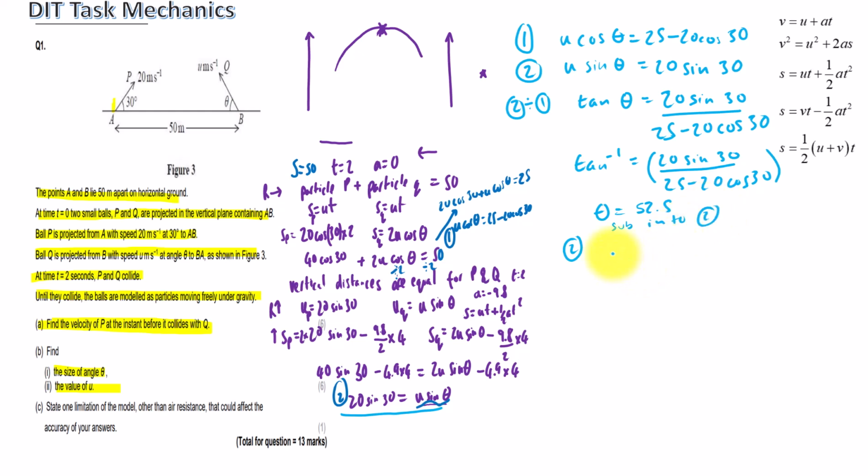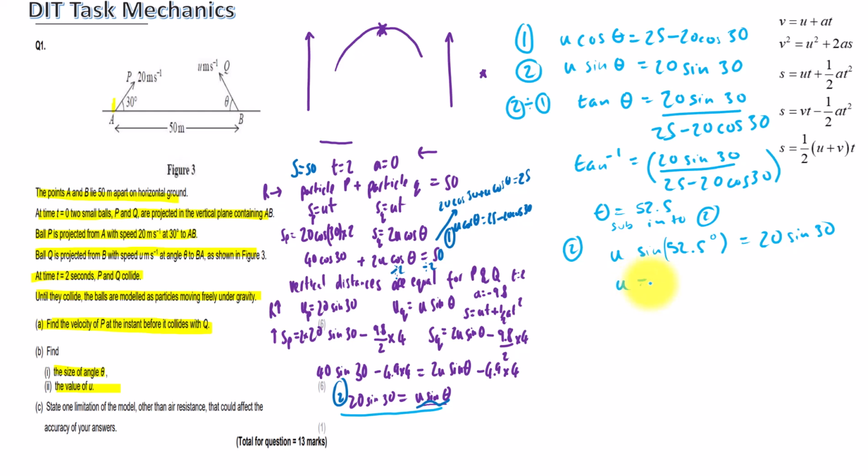So we're just going to get u sine 52.5. Remember to make sure your calculator is in degree mode. You should really write your degree in to show you're working in degrees, although it is obvious with that number. But anyhow, equals 20 sine 30.